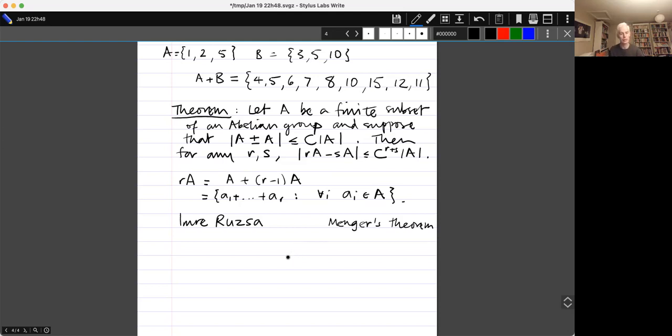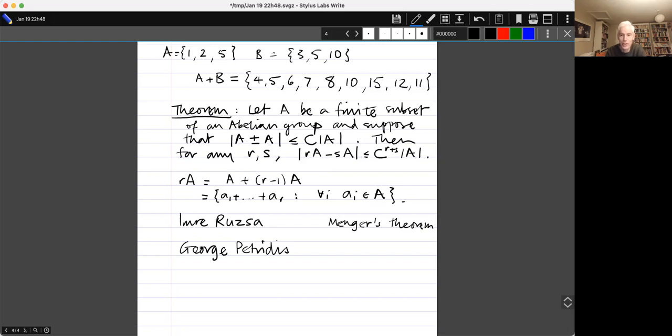And the proof I'm going to give is a proof due to George Petridis, who I'm proud to say was a research student of mine at the time. I'm less proud to say that when he first showed me the proof, it was so much simpler and more elementary that I couldn't believe it. I didn't express my skepticism exactly, but I just couldn't believe that an argument of that kind could work.